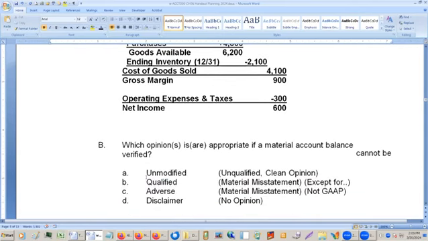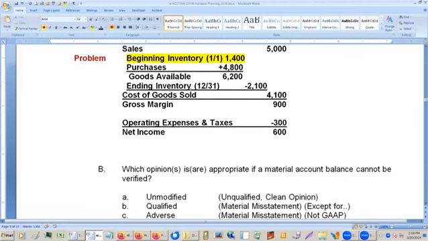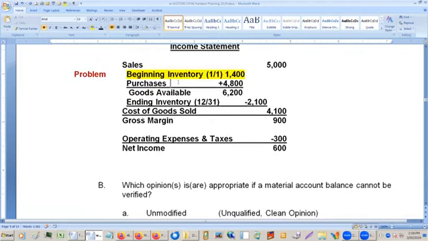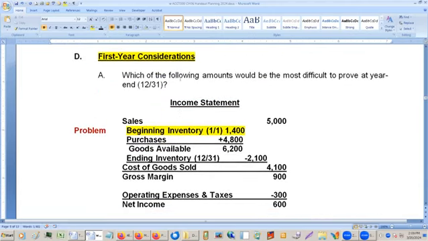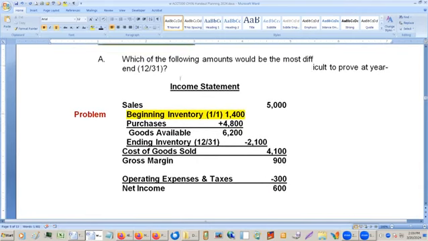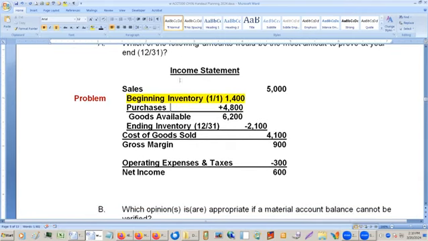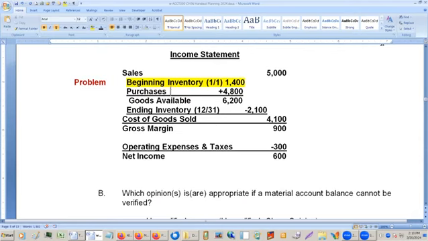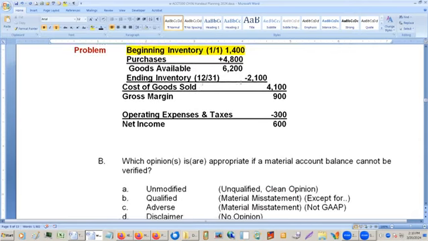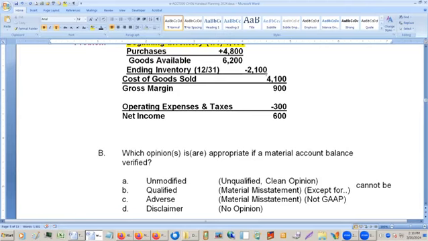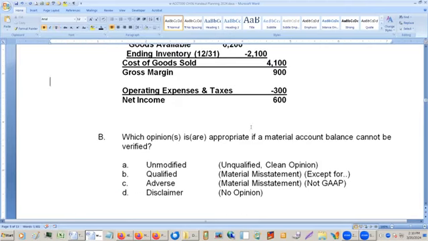Okay. So let's say that the inventory is not material. It could be that it's not material. They don't sell very much stuff. Maybe they do more service work or something, so it might not be material. But in this case, it looks like it probably is, because the sales are 5,000 and 4,000 of that is cost of goods sold.